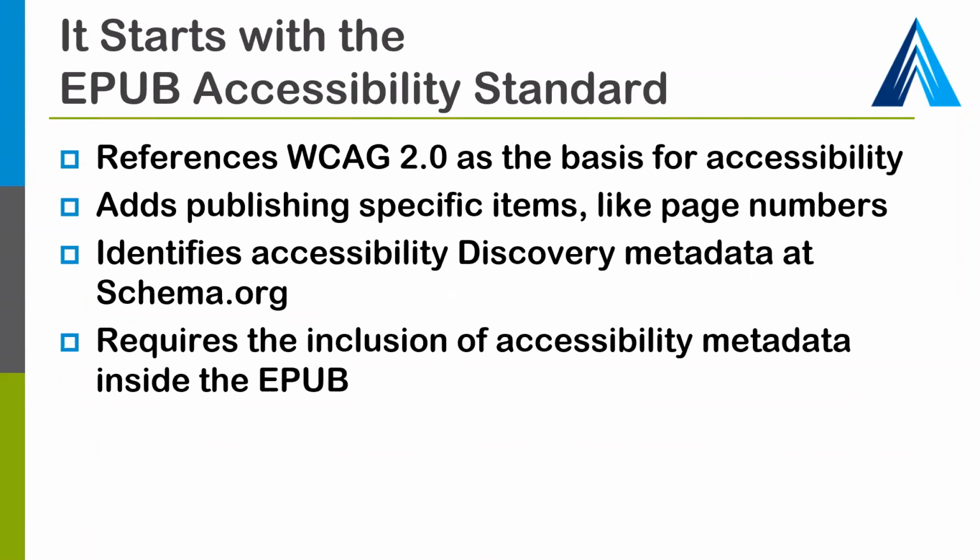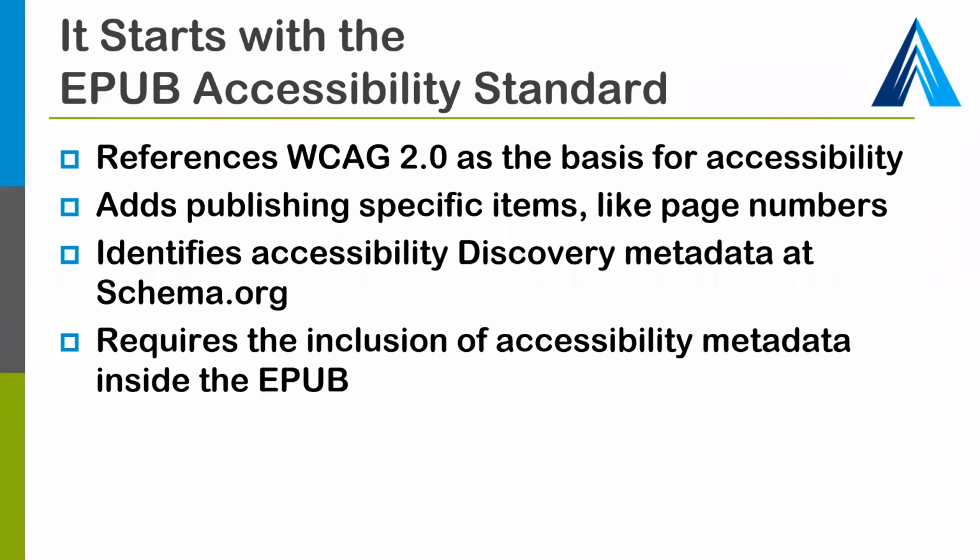We work a lot in the standards arena, and EPUB has an accessibility standard. It is under the World Wide Web Consortium, the W3C, the standard setting body for the internet, and it's within the publishing working group. It's a formal specification that has been approved and is also being moved into international standards arenas.